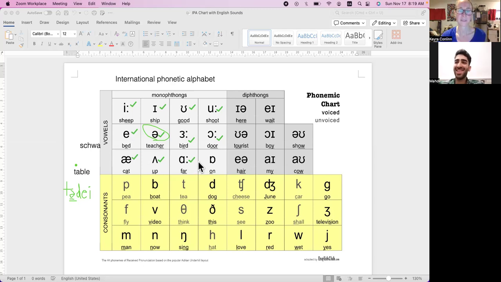R. Then we have the short O sound. On, like opera. Opera. Also, we do it low pitch. Oh, on. Okay, so that's the short O sound.